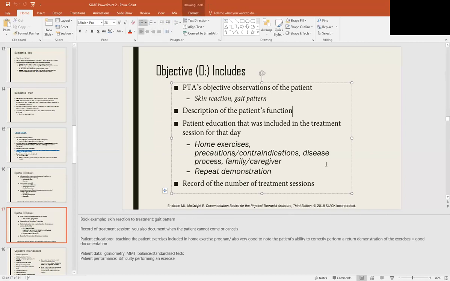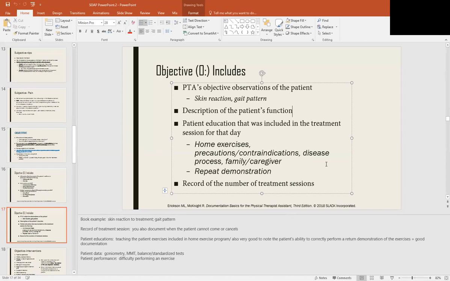The disease process, patients are going to want some information on that, so that can be more education that you provide them, and then any family or caregiver education. So that could include teaching them how to move the patient, also informing them on maybe the disease process, that type of thing.